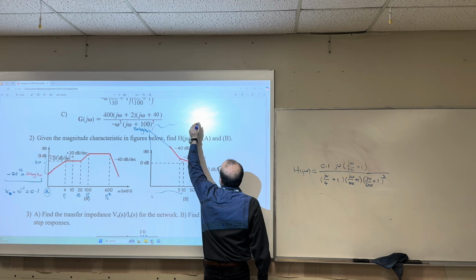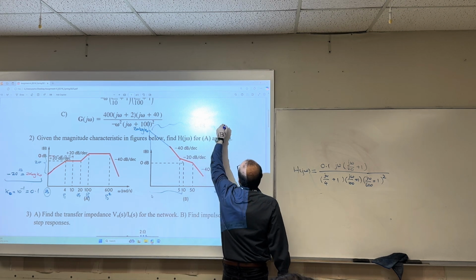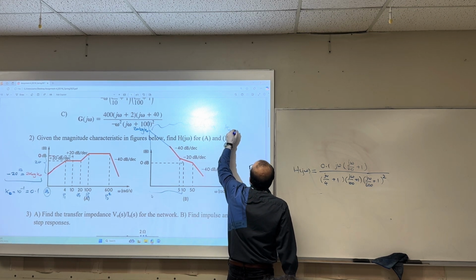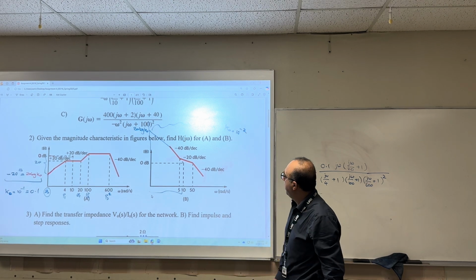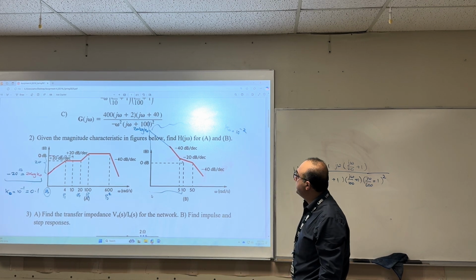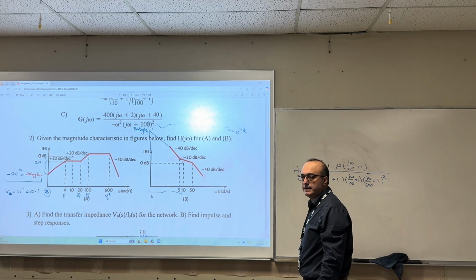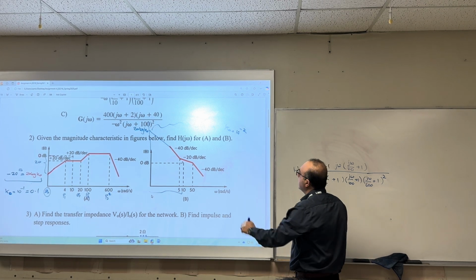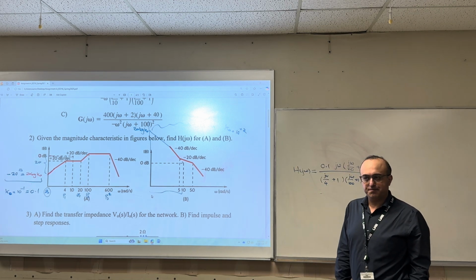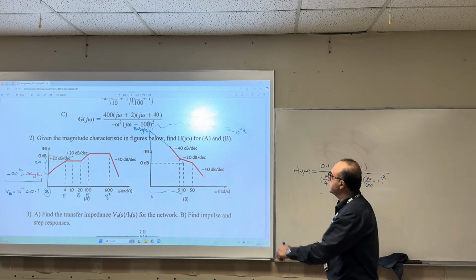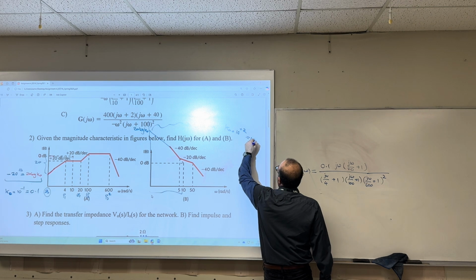So 40 dB. Then K0 is 10 to the power of minus 2. Am I right? Yes. Wait, where did you see 10 to the power 2? Correct, plus 2 side. It's going to be 100.